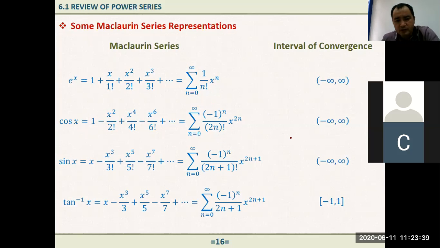What we are doing here is, for example, if you want to evaluate cosine of x or e to the power x, let's say e to the power 3, or 1.2, and you take, for example, 10 terms, it will give you a very close approximation.